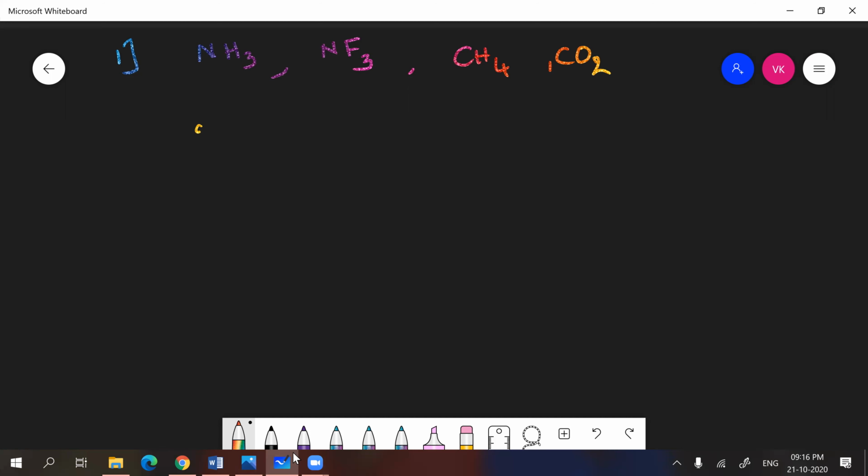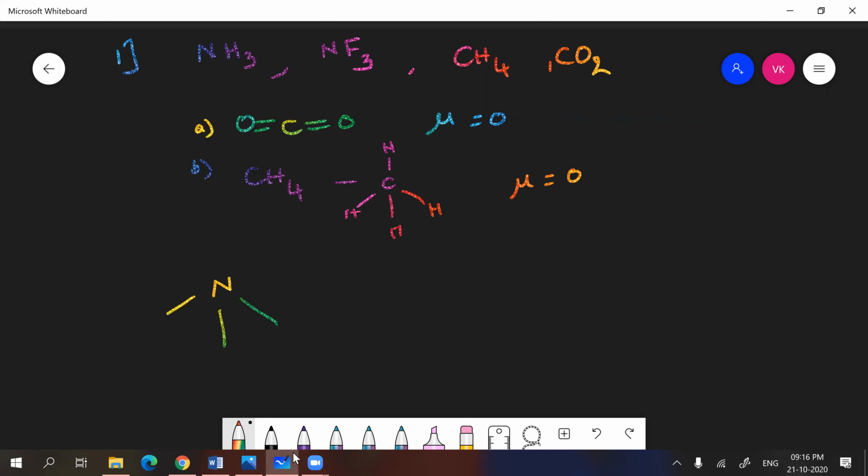First, I'm going to take carbon dioxide, which is symmetrical, so the net dipole moment value is 0. So it doesn't have a dipole moment. Second, methane, which also has a symmetrical structure, so the net dipole moment value is 0. So no dipole moment. Now let us see ammonia, and a very important concept here: which has more dipole moment out of these two?